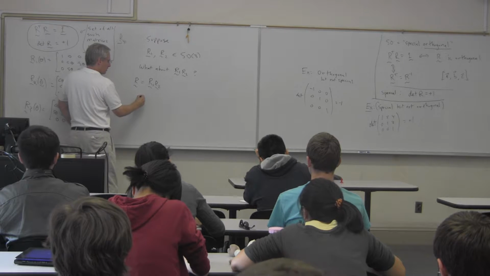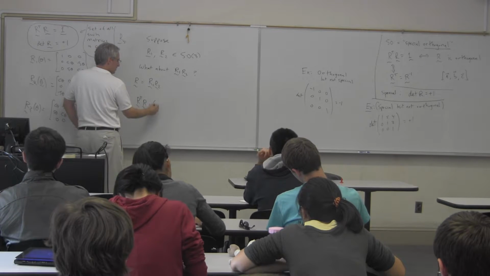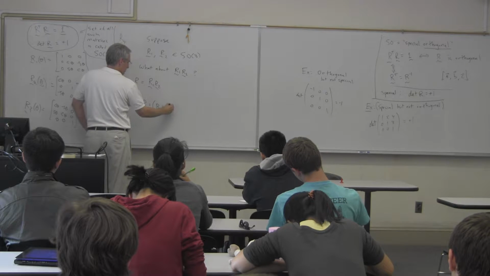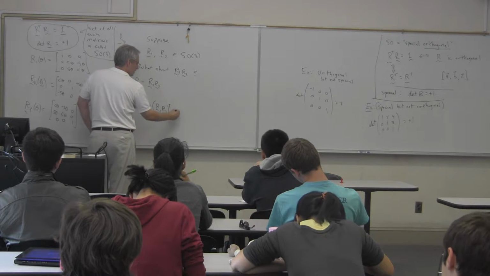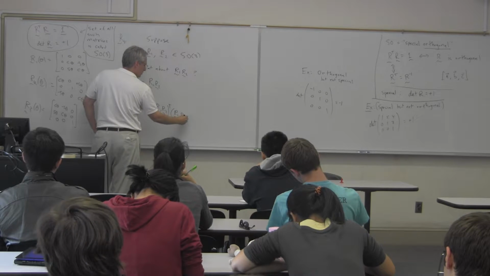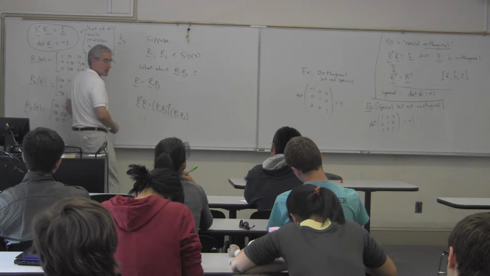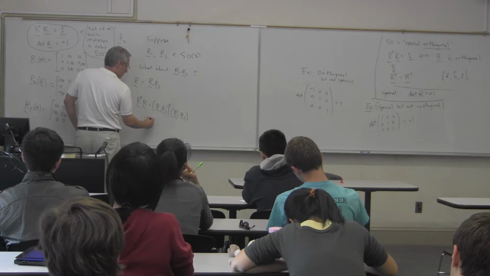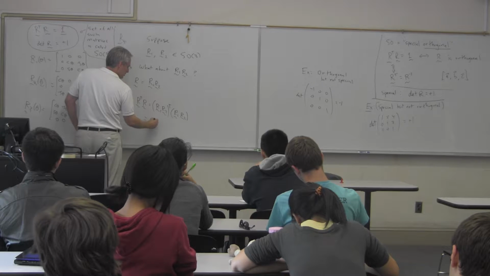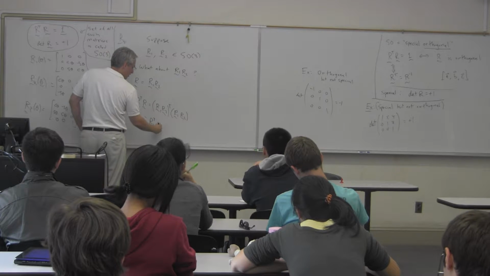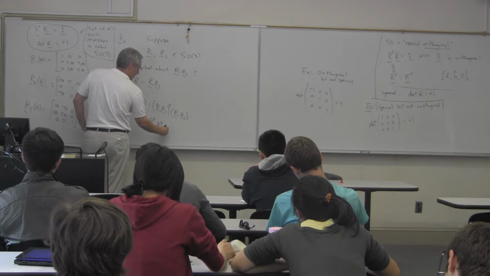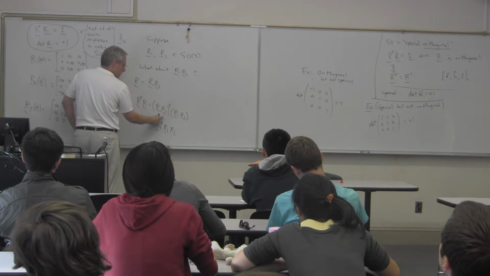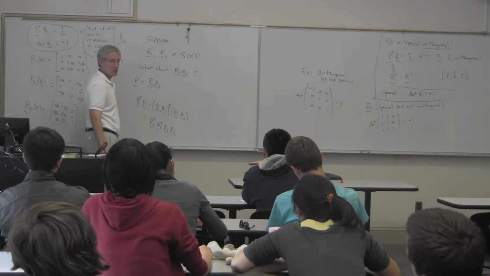So R transpose R is going to be equal to (R1 R2) transpose times R1 R2. But we have this transpose rule that we talked about before, so we can use the transpose rule here. So this is R2 transpose, R1 transpose, R1, R2.